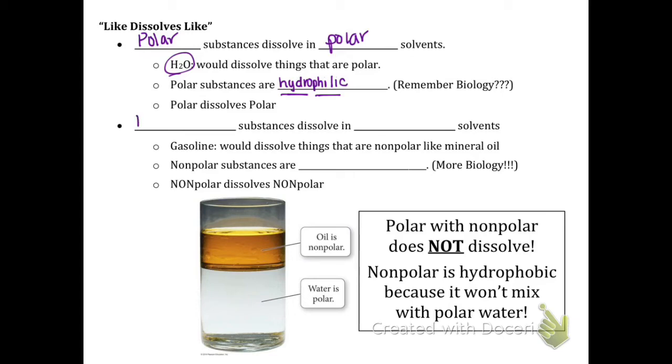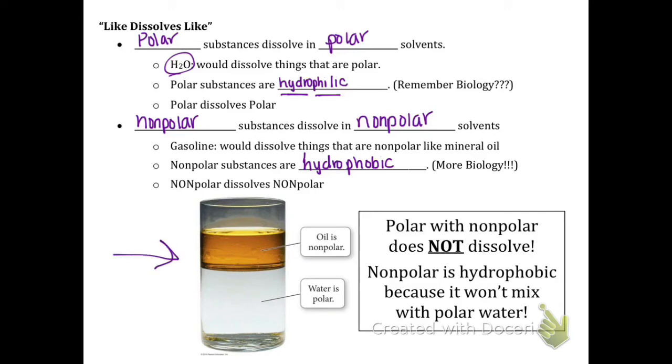And non-polar things dissolve in non-polar solvents. So an example would be like gasoline would dissolve things that are non-polar, like oil. Non-polar substances are what we call hydrophobic. Do you remember, they hate water? So look at this example right here.